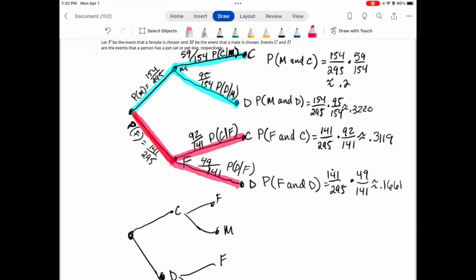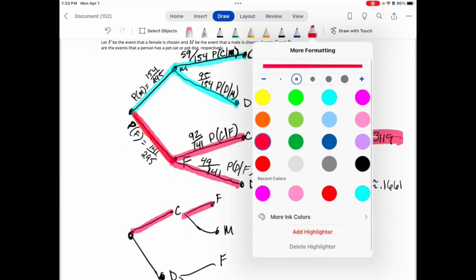So if I come down this track right here, the probability of picking someone with a cat and that they're female, that should be the same probability, let's see, as this one right here. This is the probability of getting a female and a cat. You should get that same value. Same thing, let me go through one more. Let me pick something else here, green.